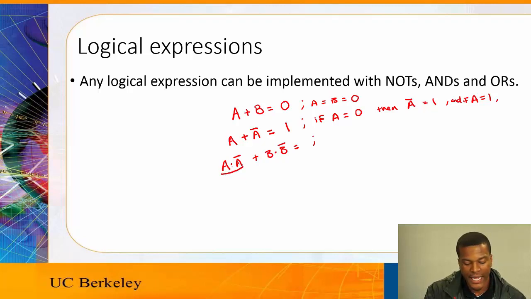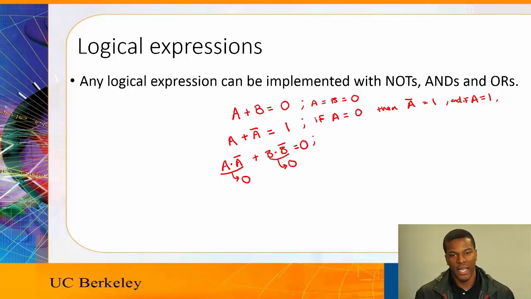So this is A AND NOT A, OR B AND NOT B. Since we know that for the AND operator, both inputs have to be high for the output to be high, we can automatically assume that this is low, because one of these has to be low. In the same way, one of these has to be low because it's one input and the inverse of that same input. So since both of these are low, we can assume that the output is low.